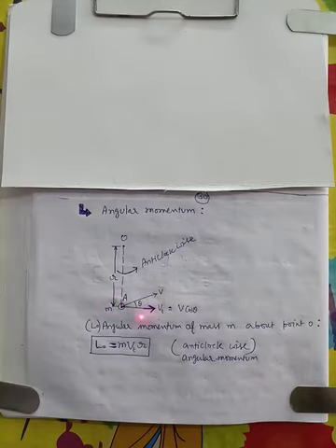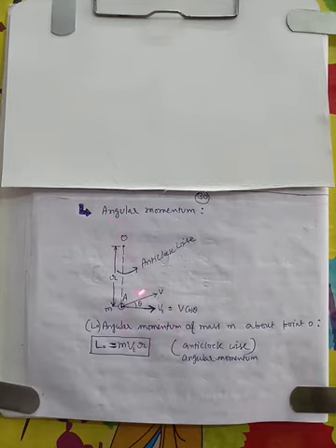V1 is the direction of velocity of body A. We want to calculate the angular momentum of body A about this point O.